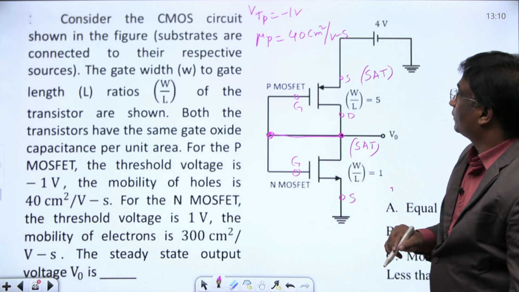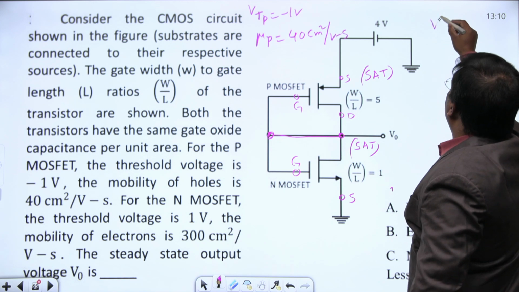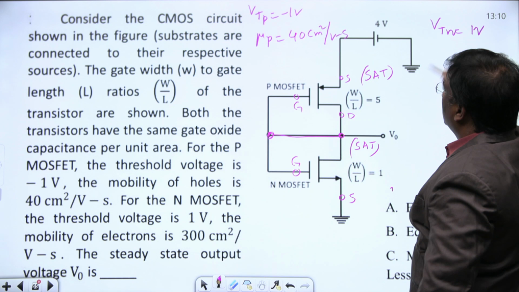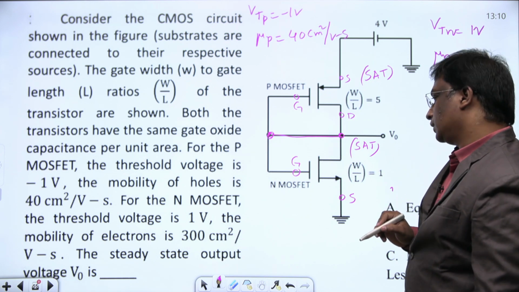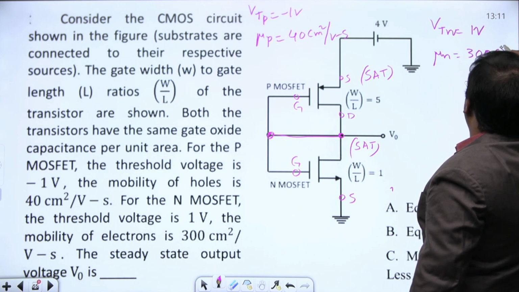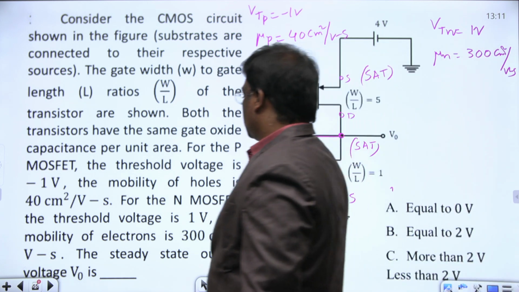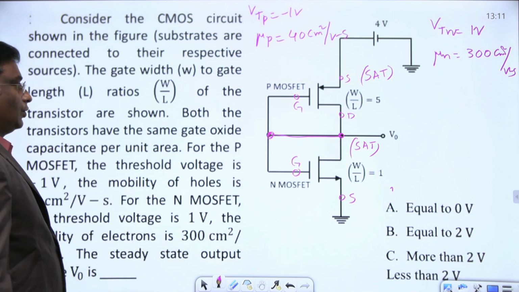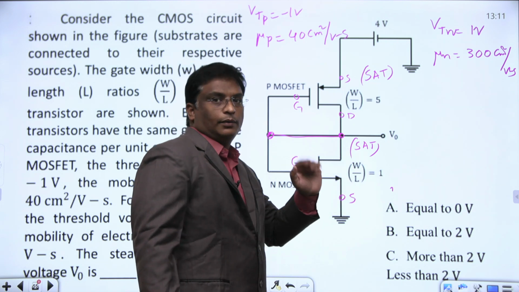For the N MOSFET, the threshold voltage is +1, and the mobility of electrons is 300 centimeter square per volt second. This is the information they gave here. W/L ratios are also given: the W/L ratio of PMOS is 5, and the W/L ratio of NMOS is 1.